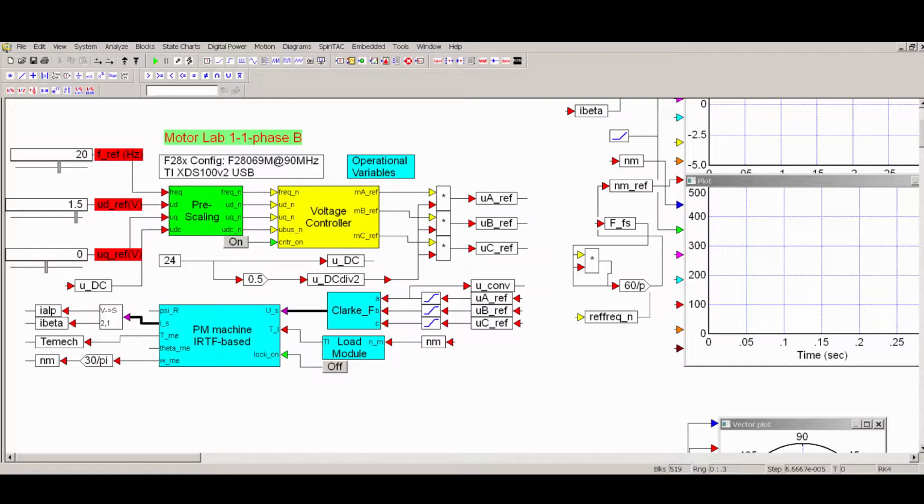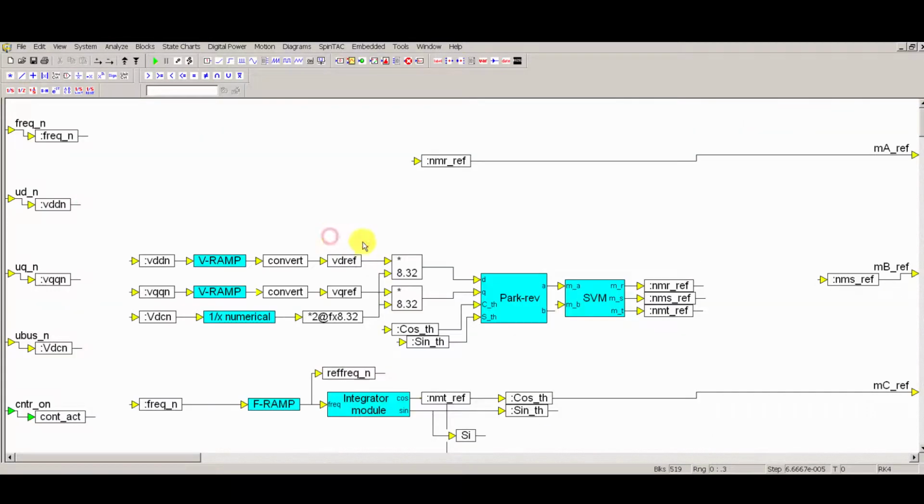If you look inside the voltage controller, it's just a basic controller taking the per unit inputs, voltages and current, and the DC bus voltage, and it creates the modulation indexes for the controller. And there's a frequency input, a ramp so we can change the frequency, and an integrator, that's all it is. We talked about this DQ reference frame.